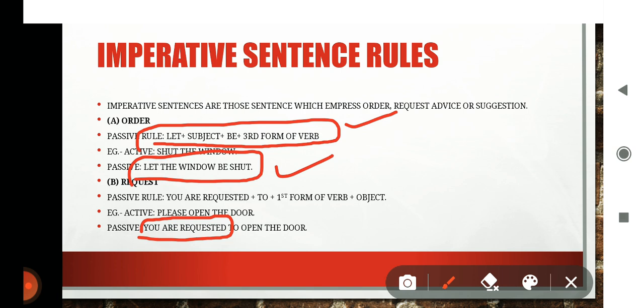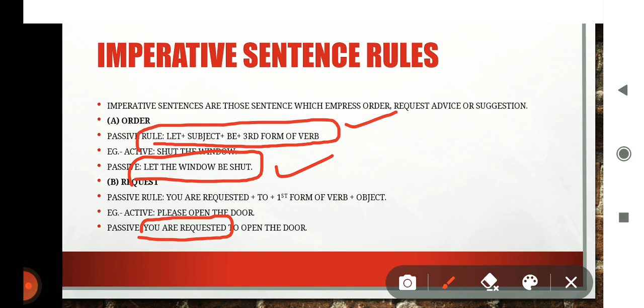If it's a kind of imperative sentence, you can find it by reading that sentence. If an exclamation mark is there, then the sentence is exclamatory. If it is an interrogative sentence, you can quickly identify it by observing the question mark. But if it's an order, a request, a suggestion, or an advice, then you can easily identify it and put it in the category of imperative sentence.